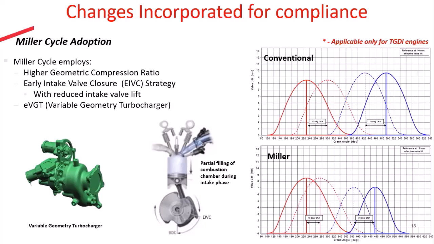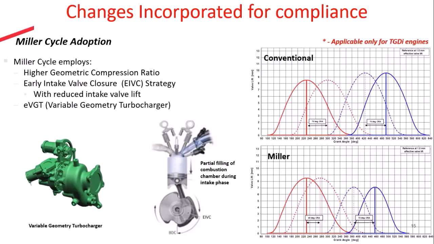So the Miller cycle achieves this by increasing the efficiency of the engine, which in turn reduces fuel consumption and emissions. That's the highlight. So by employing a higher geometric compression ratio and the early intake valve closure, these strategies for the Miller cycle would be put in place.